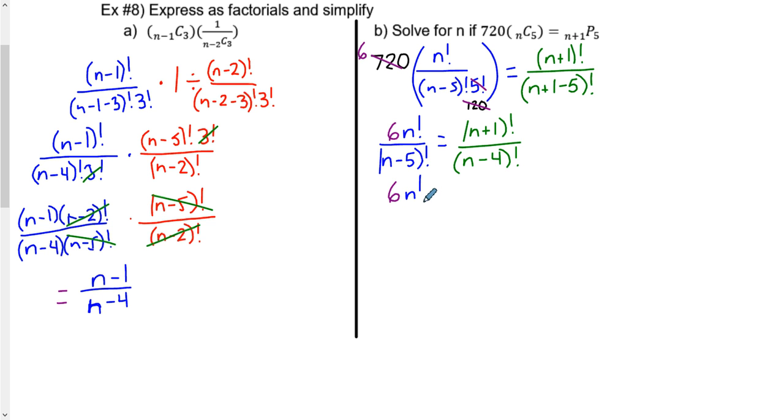So I'm just going to rewrite that left-hand side. I'm writing with my right hand. So n plus 1 factorial, oh, I forgot there's an equal in between. n plus 1 factorial, 1 less than n plus 1 would be n.